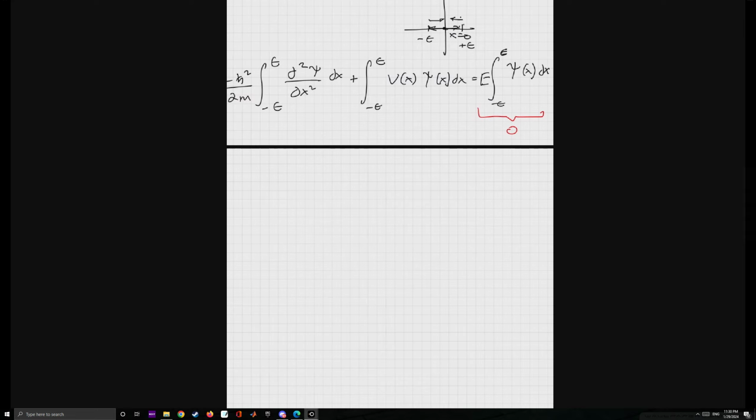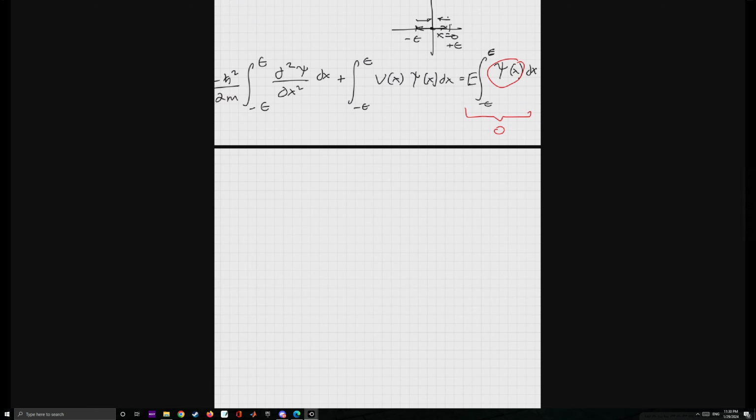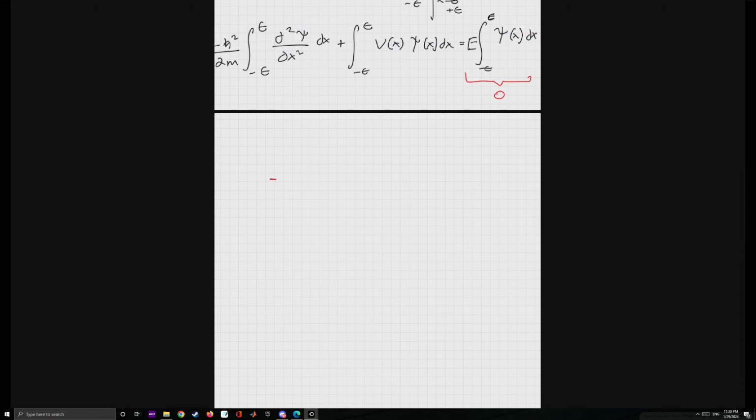Why is it 0? Well, because you have psi of x with a finite value over an infinitesimally small length, and it has some finite height. So let's take a sliver, like a rectangle like this, and this rectangle is very thin. Let me make that a little bigger.